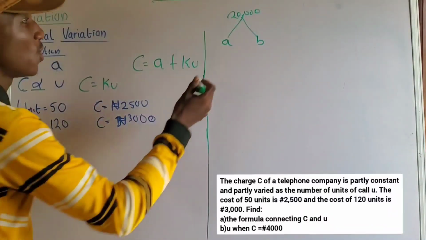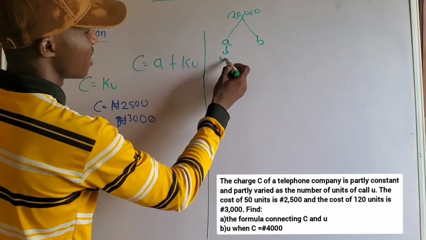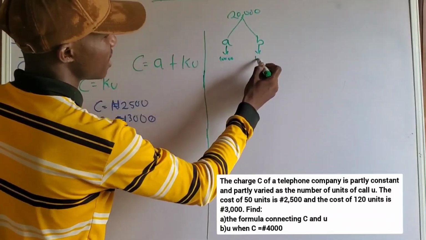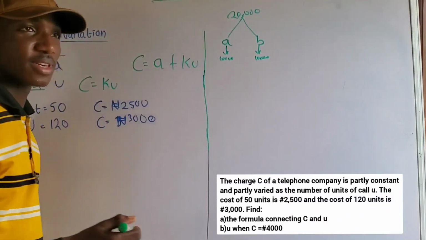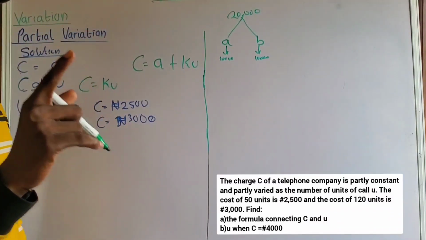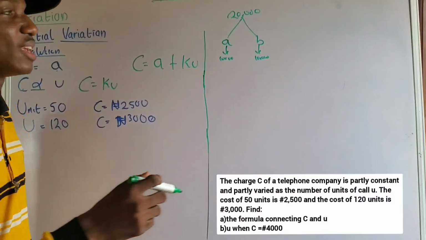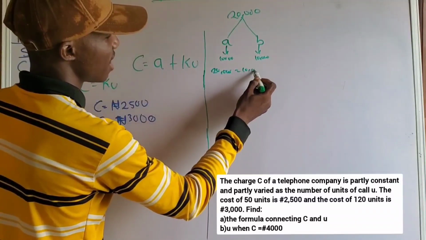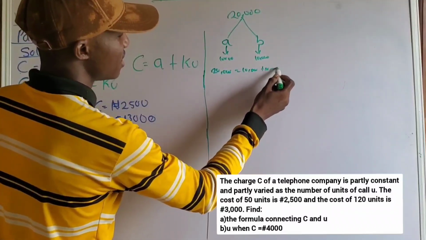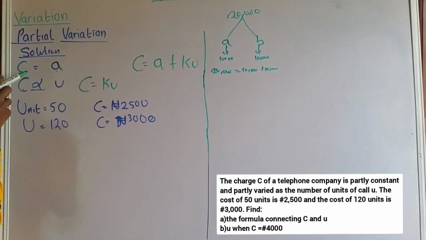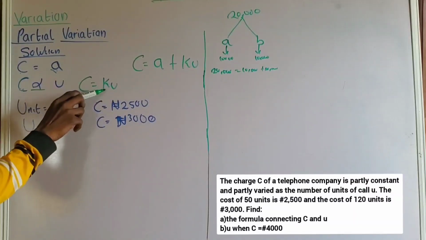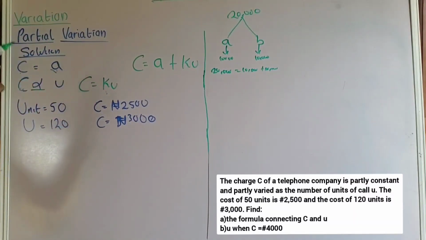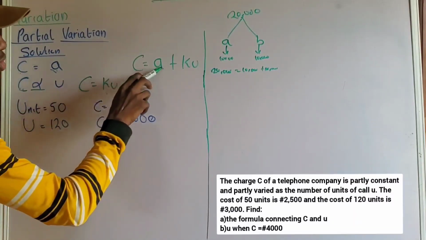So A will receive 10,000 naira, and B will also receive 10,000 naira. Now, if I want to write a single expression for the total amount of money that I shared, that will be 20,000 naira equals 10,000 naira plus 10,000 naira. That's the same thing. A part of C goes to A, and a part of C is equal to KU. If I want to write a single expression for C, I'm going to have C equals A plus KU.